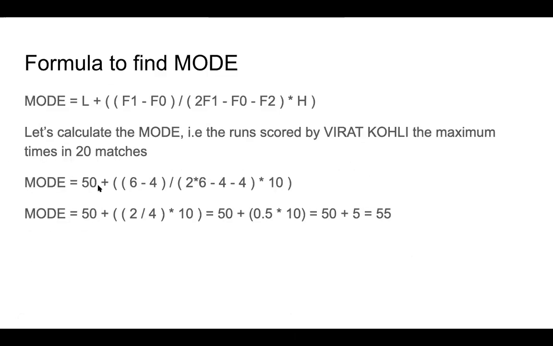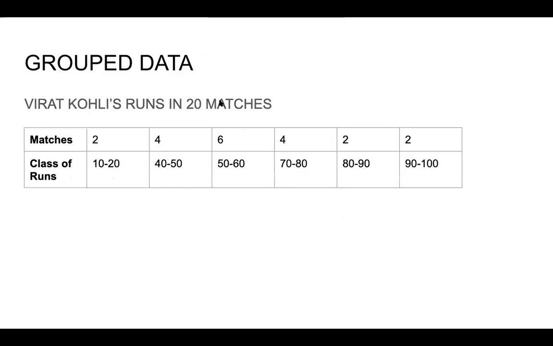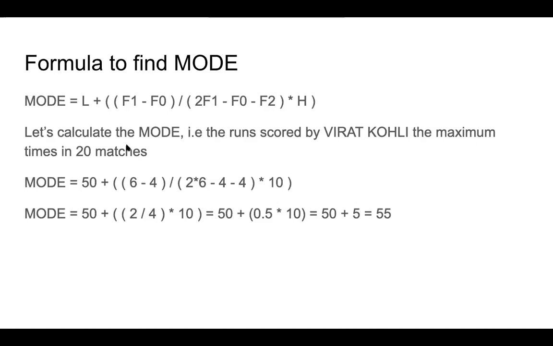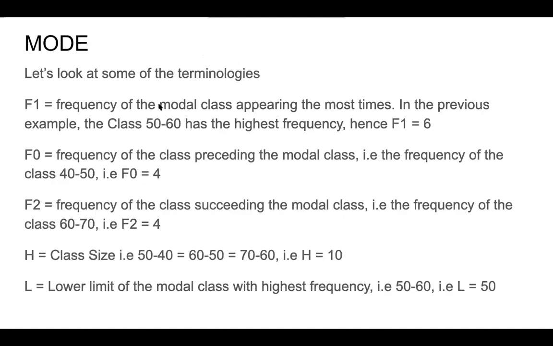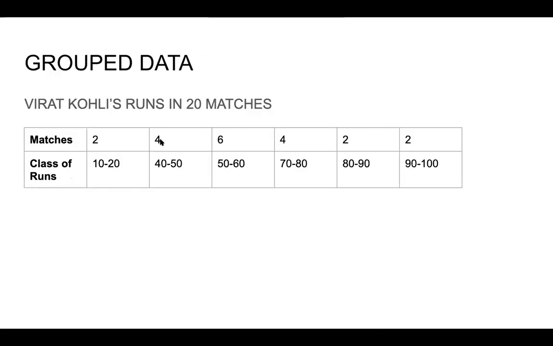So 50 plus, what is F1? F1 is the highest frequency, which is 6. F1 minus F0. What is F0? F0 is the frequency before F1, so that is 4.